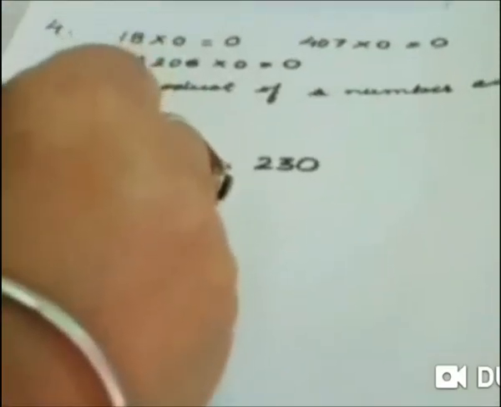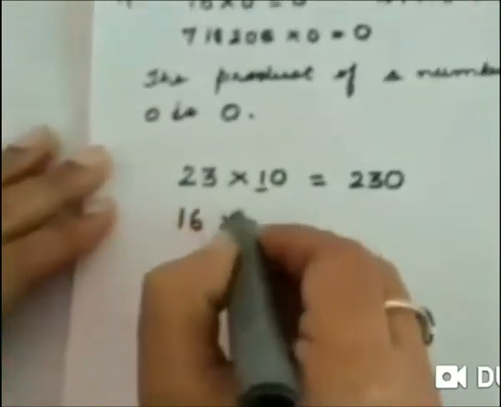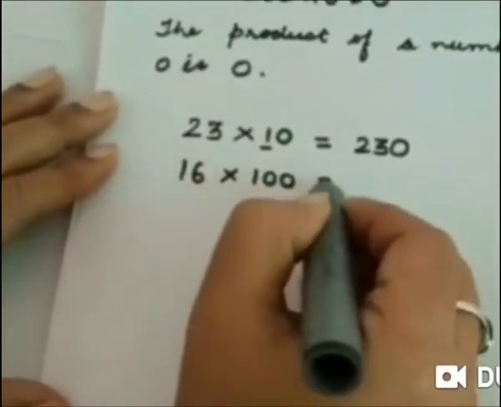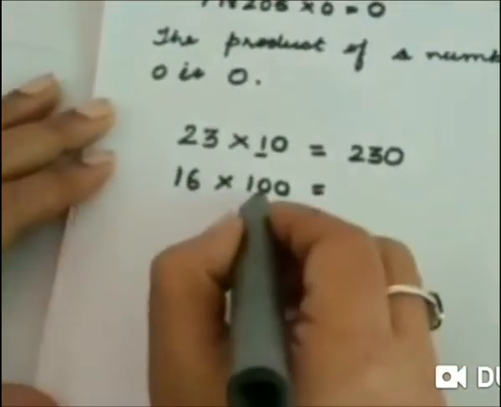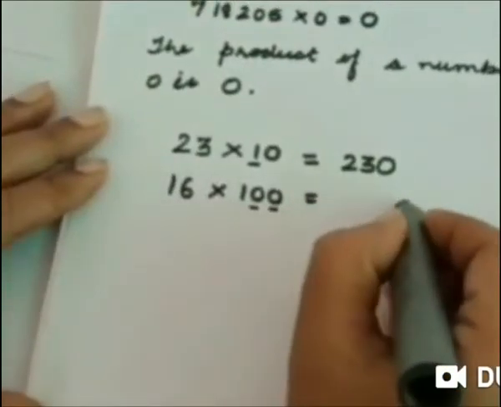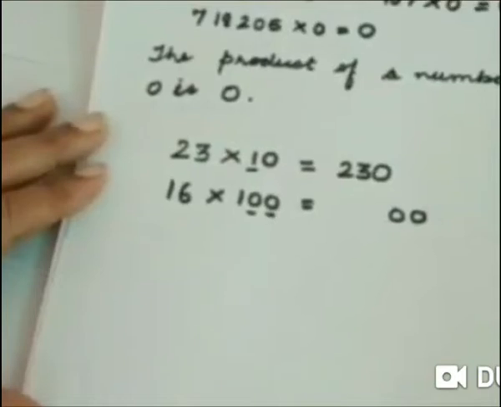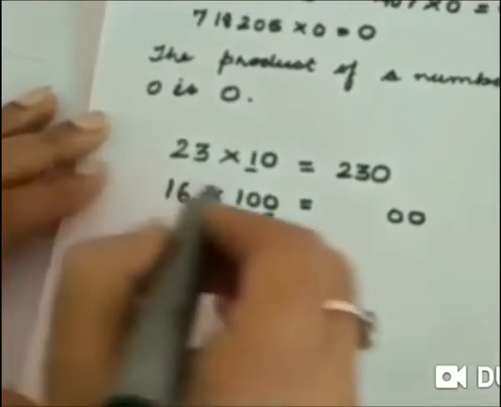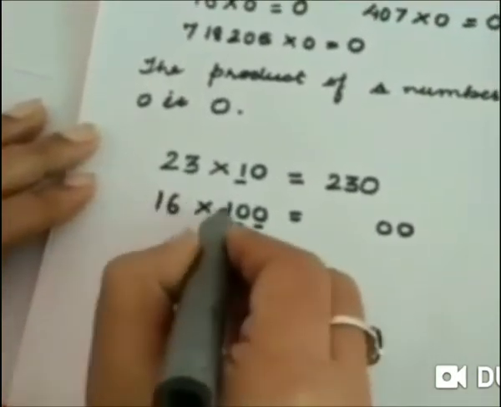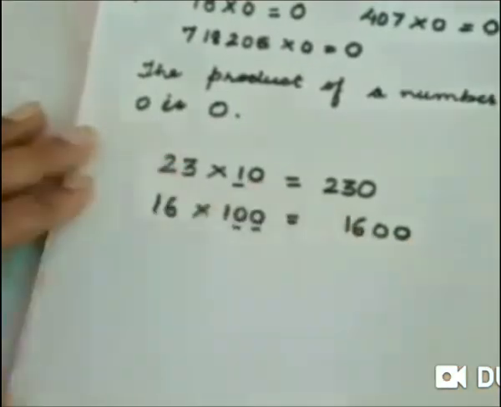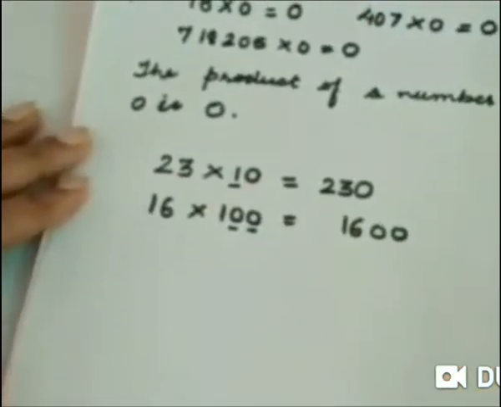Suppose I have to multiply, say 16 by 100. So what I will do? First I will put the zeros. There are 2 zeros here, so I will add 2 zeros here. Now I will multiply the number by the non-zero part of the multiplier. Here the non-zero part is 1. 16 ones are 16. So the product is 1600.